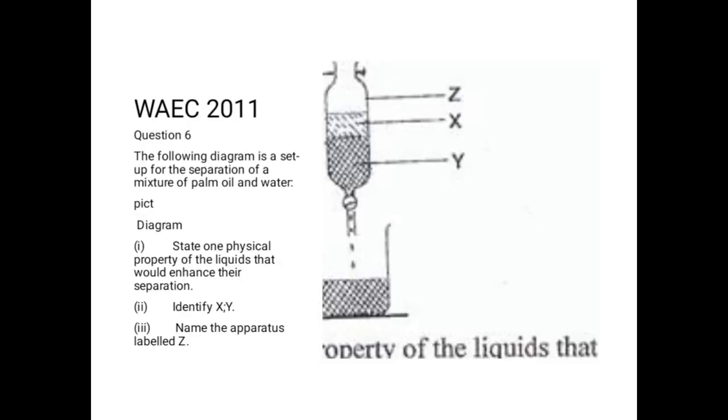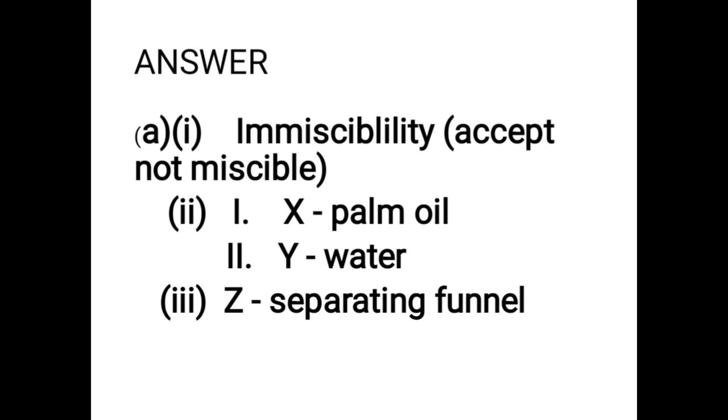And the second answer: X and Y could be oil and water. You can also put kerosene or petrol and water as well. It's accepted because they form two distinct layers, and Z, the apparatus there, is a separatory funnel.